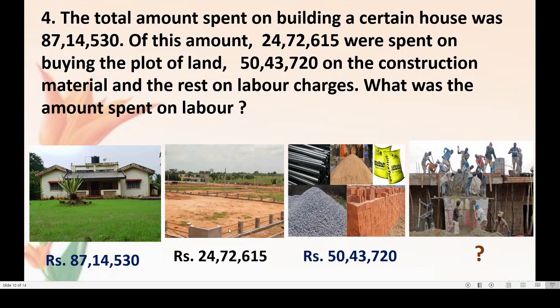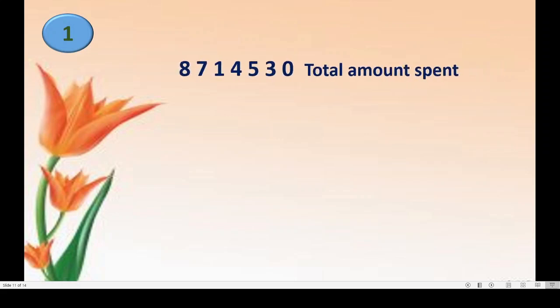Okay. First we have to find out the labor charge. Here, stepwise we will go. First step, this is our total amount spent on building the house, isn't it? So, I will minus the cost of the plot.